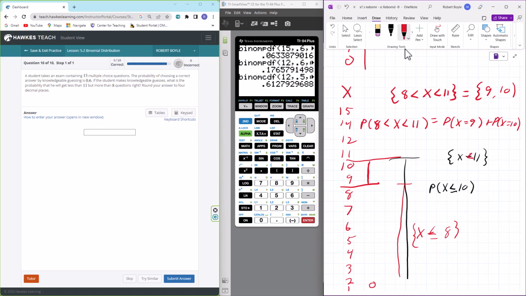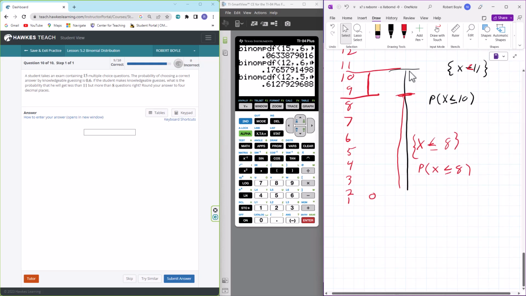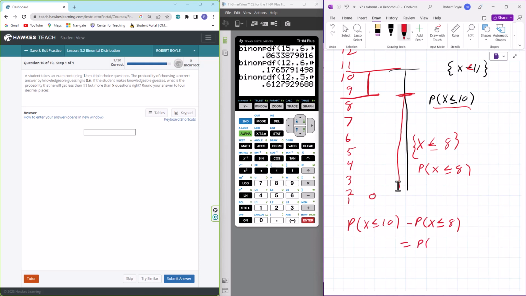And we can write the probability associated with this, the probability of X being less than or equal to 8. So you should realize that if we compute the probability of X being less than or equal to 10, and then subtract from it all of this, what we have left is the probability that X is strictly greater than 8 and strictly less than 11.